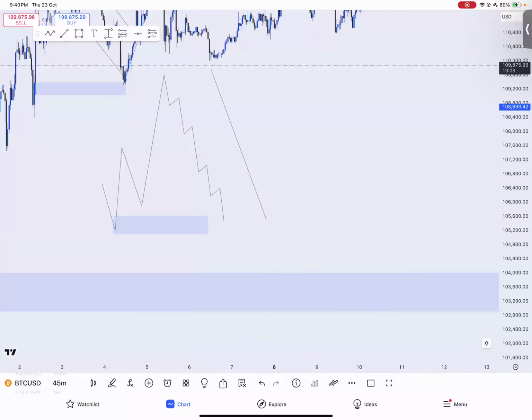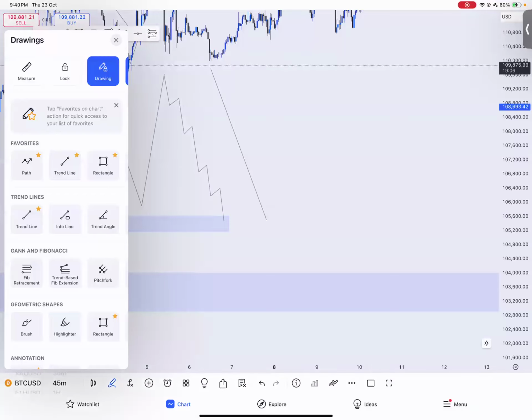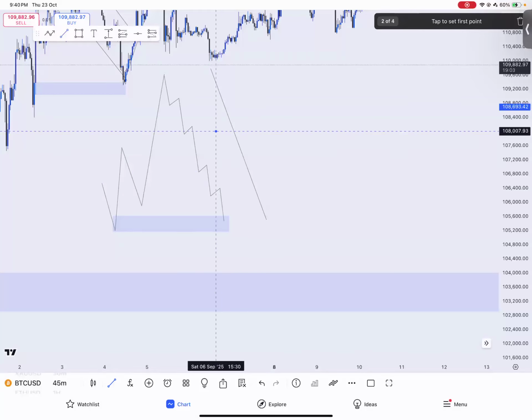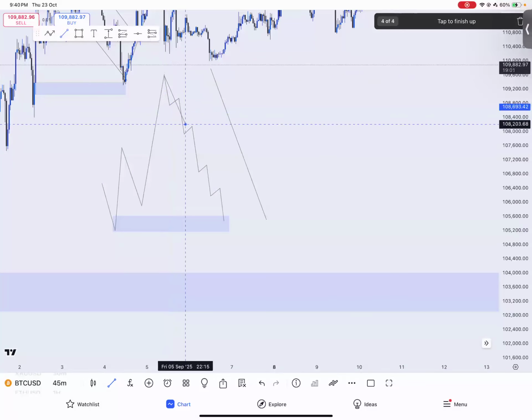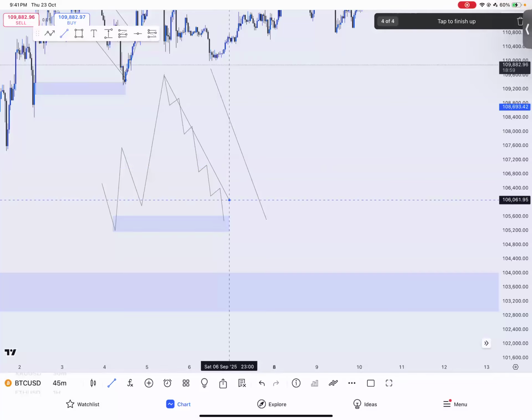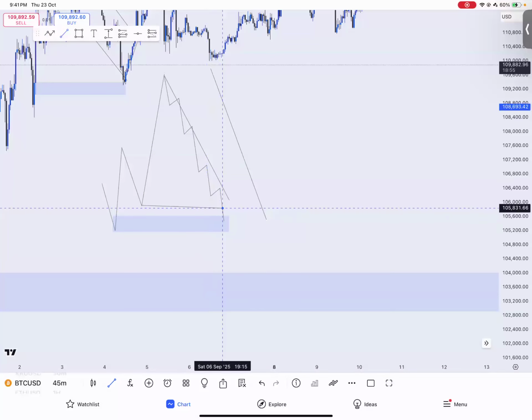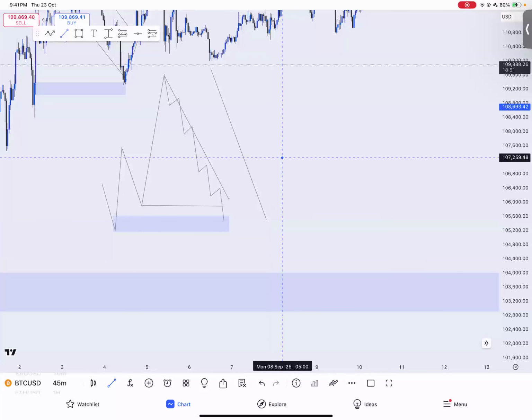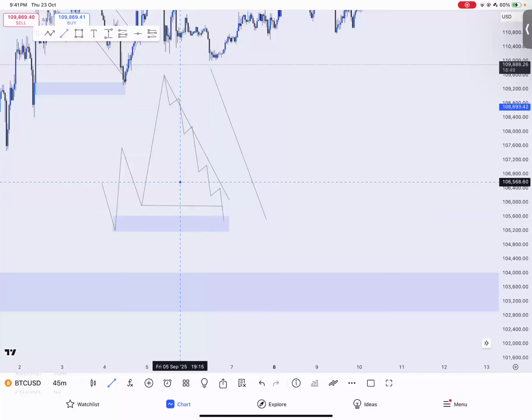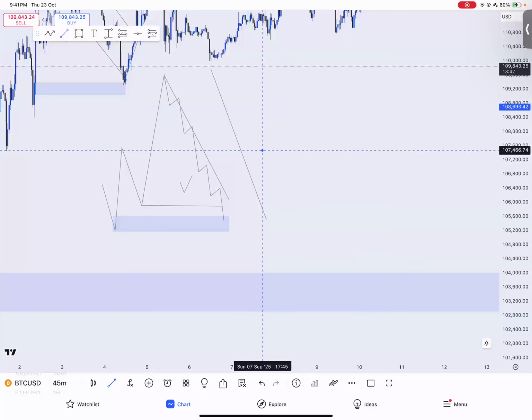Because with this pattern, I'm very sure, or I will be 90% sure, that there is money here in the market that price would eventually go and take out. So I will be more than happy to take this trade rather than the trade that approaches the point of interest using an impulsive move. So this would be correct for me to use rather than this.